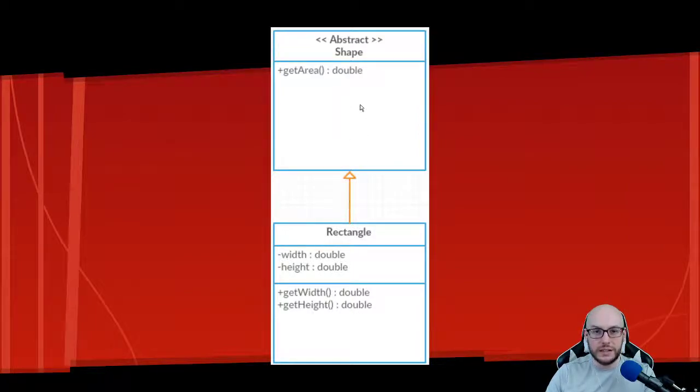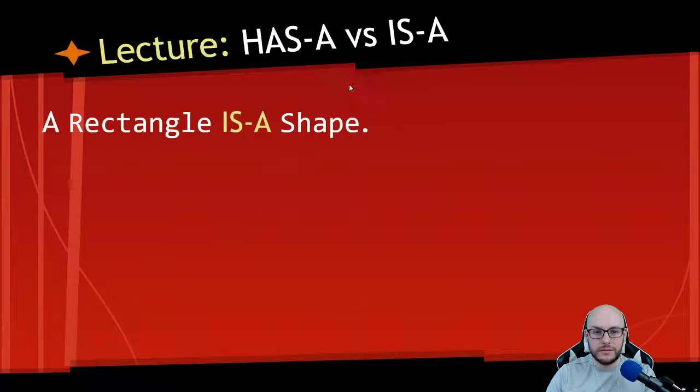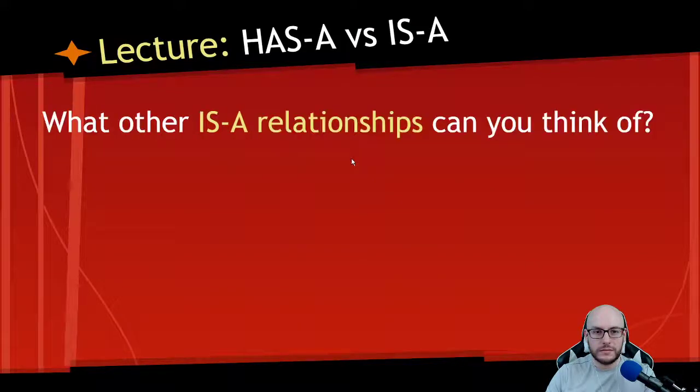Rectangle is a shape. Give me some other is-a relationships you can think of. Right? There's lots of things here, right? Laptop is a computer. Lamp is a light.